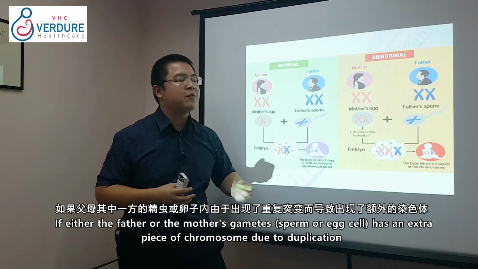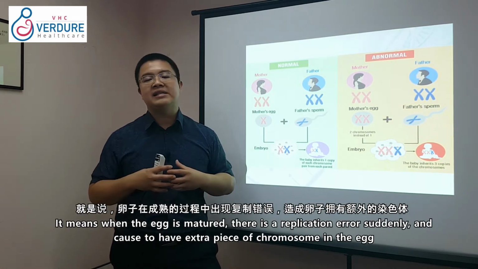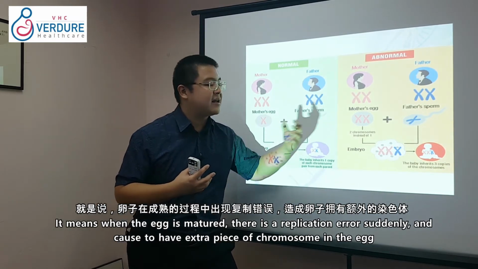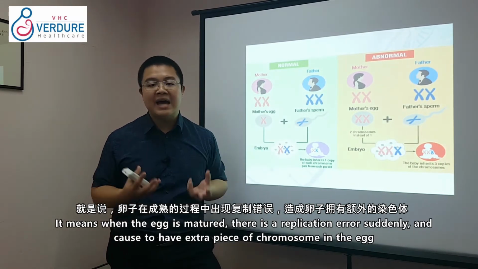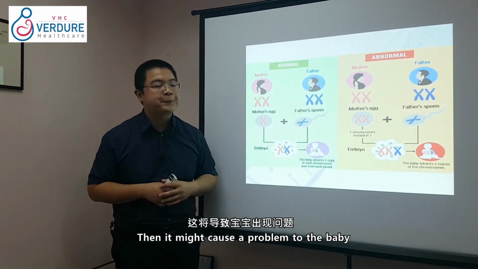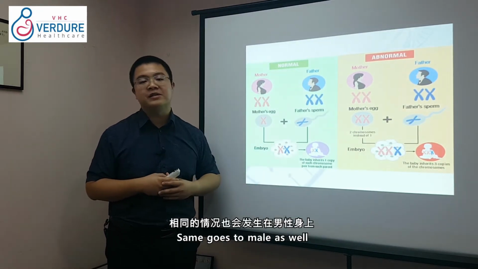Meaning when the eggs get matured and then suddenly there is a replication error, so there is an extra piece of chromosome in the egg, then it might cause a problem for the baby. Same goes for males as well.